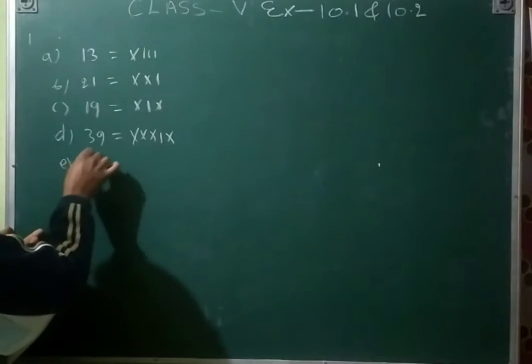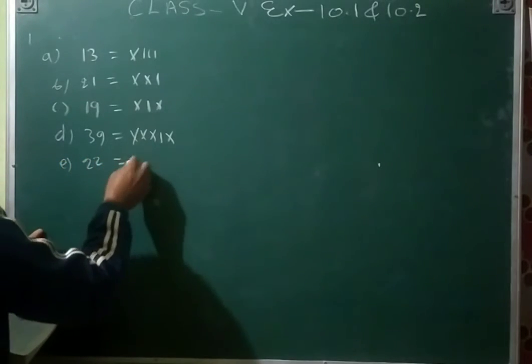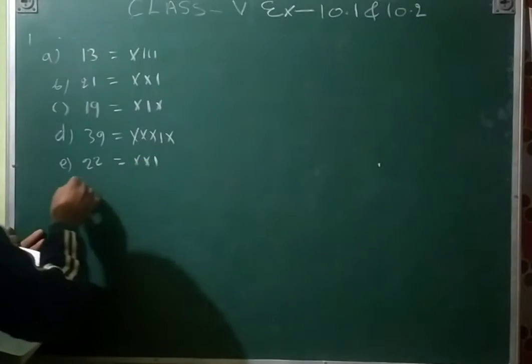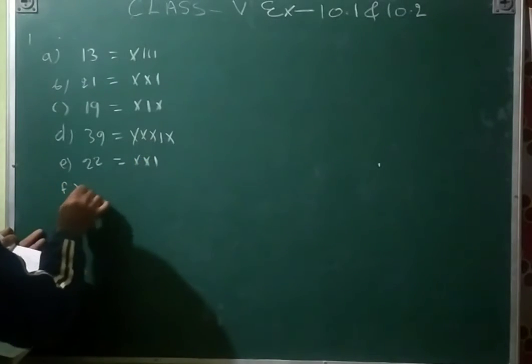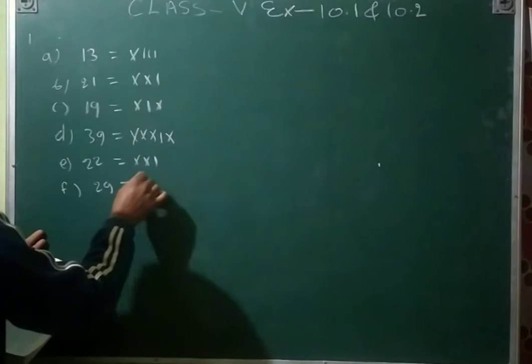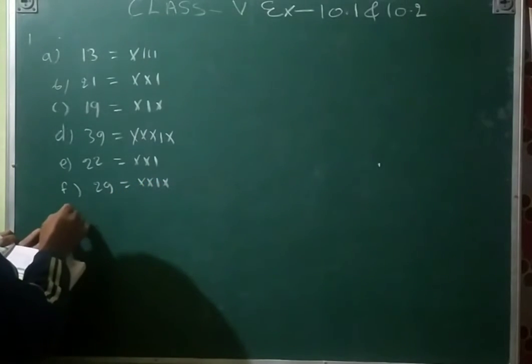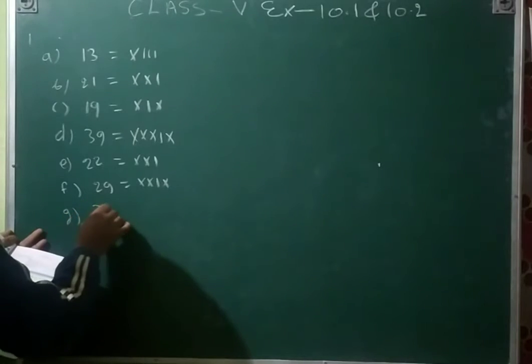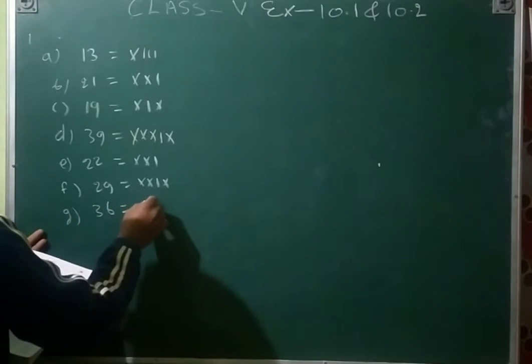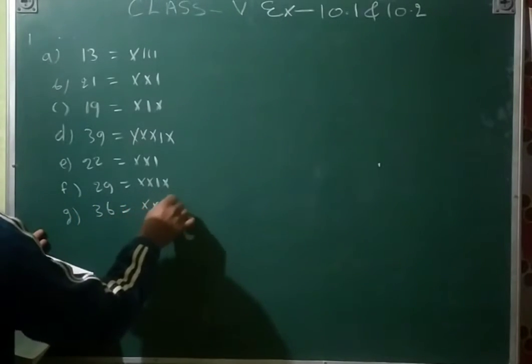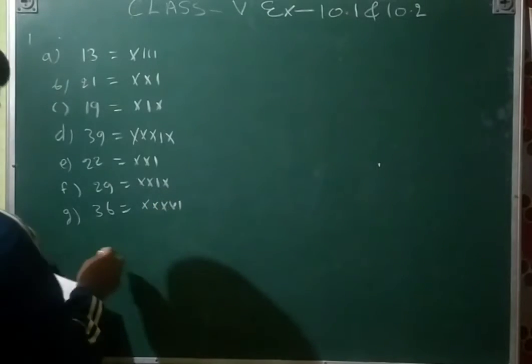E part, 22, that is 10, 10, that is 20. F part, that is 29. So 10, 10 and 9, 29. And then G part, 36, that is 10, 10, 10, 5 and 1, 6.